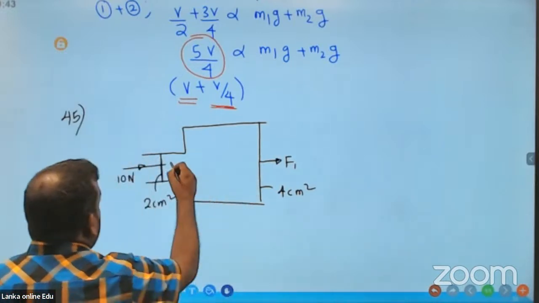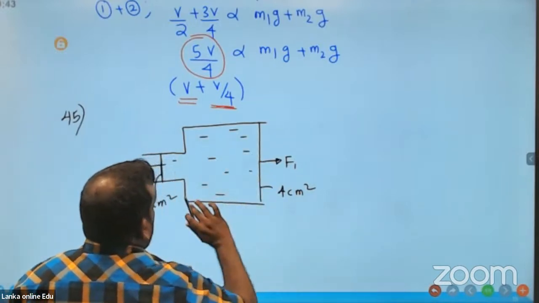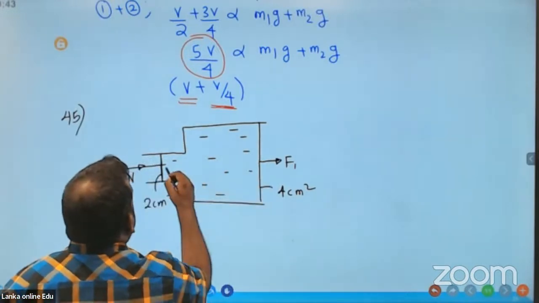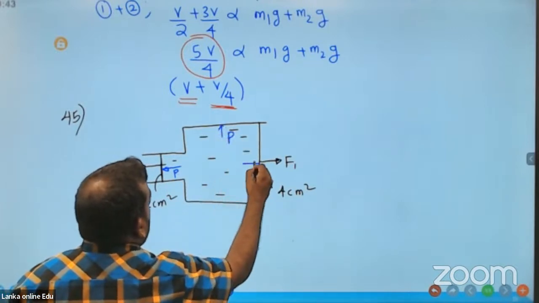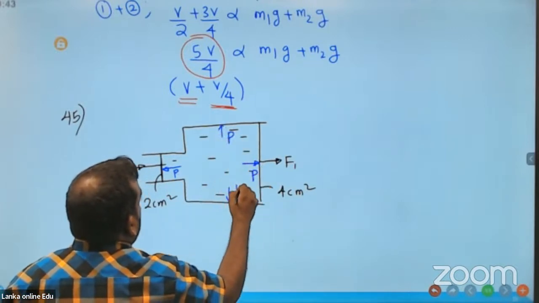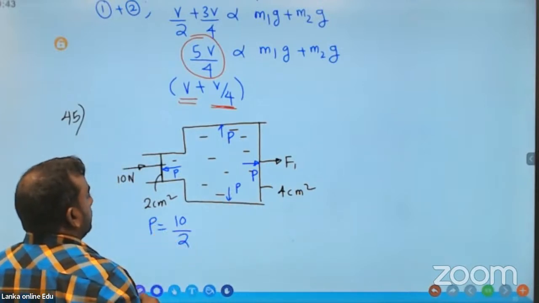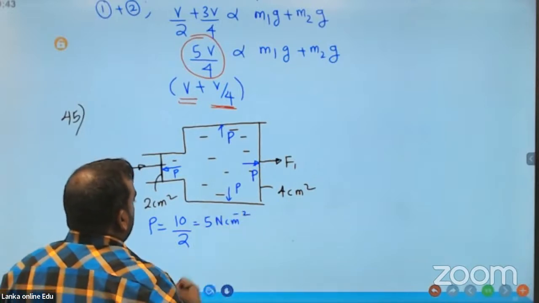So, fully enclosed fluid. What's the rule? Pressure is equally transmitted. Pressure here, pressure there, all are equal. Pressure is equal to force divided by area. That's going to be 5 Newton per centimeter square.